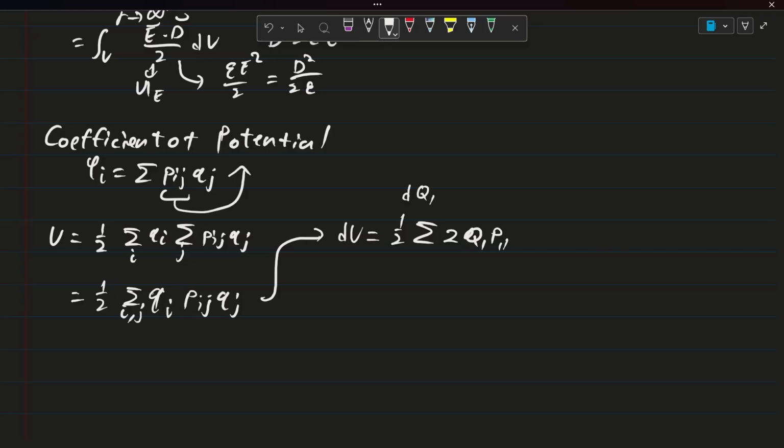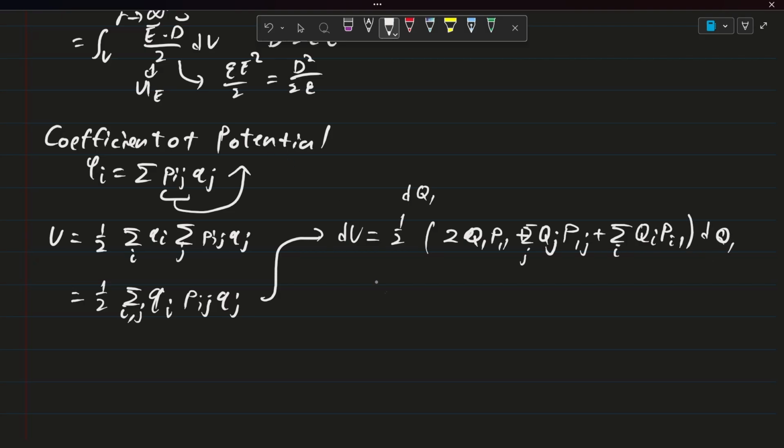If qi is the q1, this would be, sorry, let's not put the summation here, 2q1 p11 and qj p1j, because this is assuming that our i is 1, so summation of that with respect to j. And also, if the j is the one that has 1, it's going to be qi pi1, summation of that over i, and multiply this by dq1.